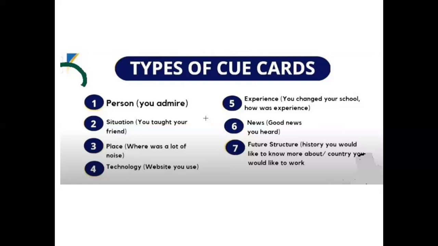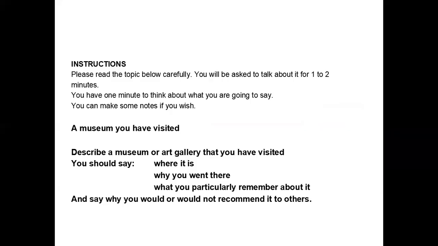There could also be technology questions, like what you think about social media usage or experiences, or how an unexpected trip changed your perspective. These are some of the themes which are often asked by the examiner in this module of the course.